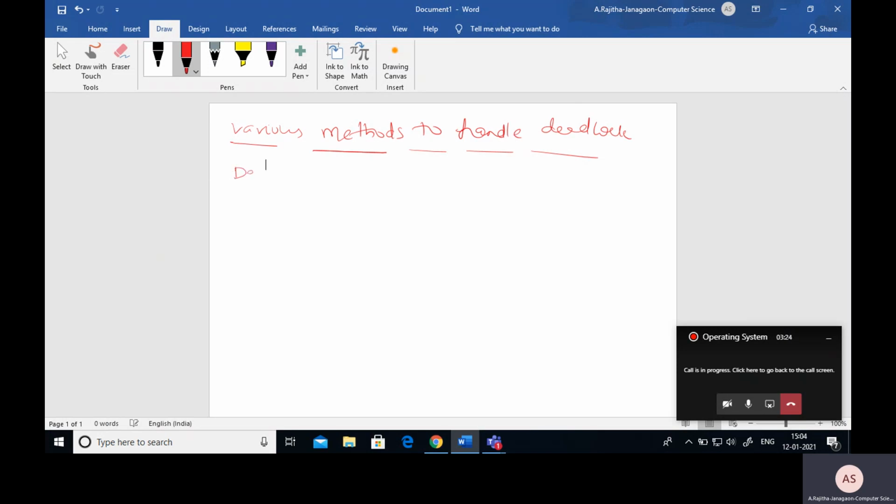The deadlock is handled by using deadlock ignorance.